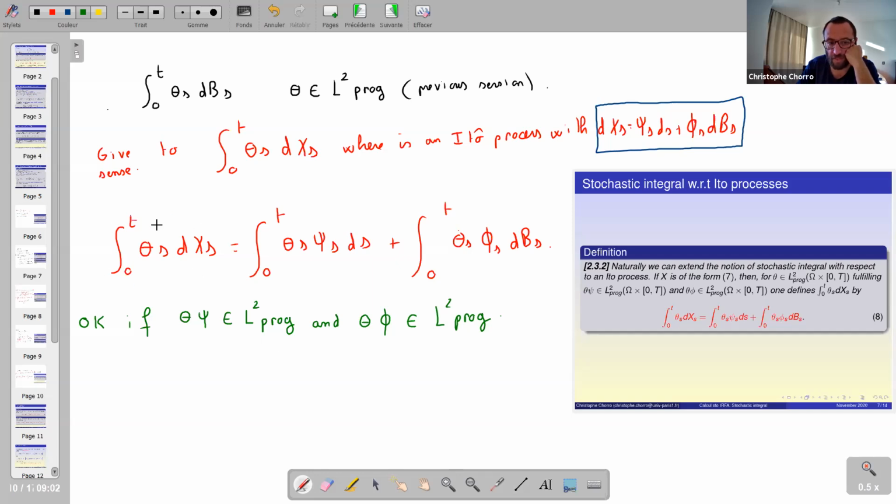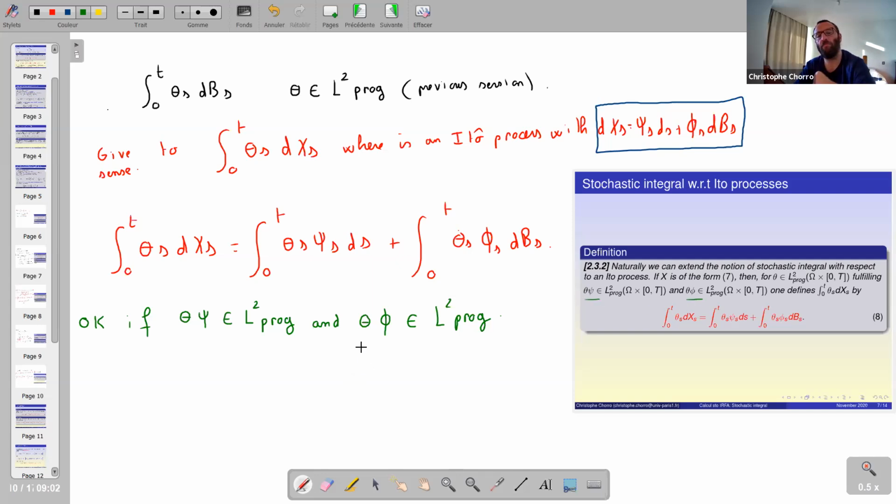Because if I want to give sense to this one, I need that this Riemann integral is well defined, and that this stochastic integral is also well defined. It's exactly what I have written in the definition here. You have this integrability condition here and here.